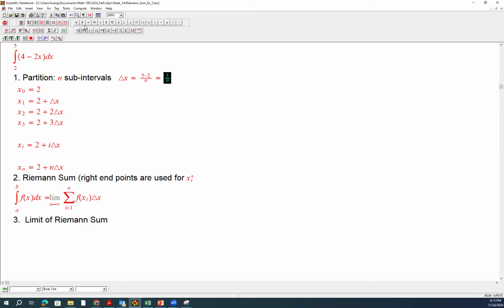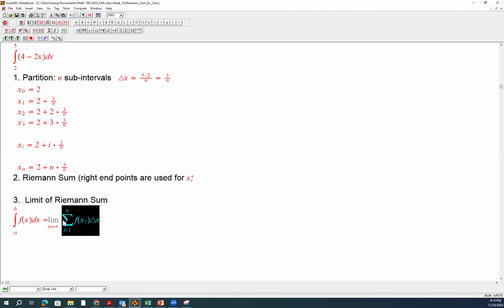Delta x is 3 over n. So all of this is plugged in. We mainly need the i's, and then we're going to put in this formula. Because we're doing a Riemann sum, taking the limit is going to be in the 3rd step.